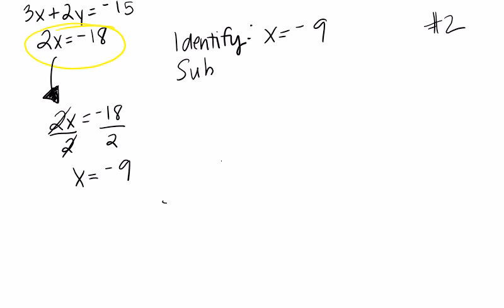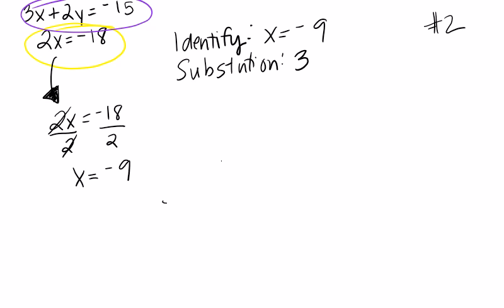Now we're going to do our substitution. So we're going to use our original equation up here, and every time we see an x, we're going to substitute a negative 9. So we have 3.